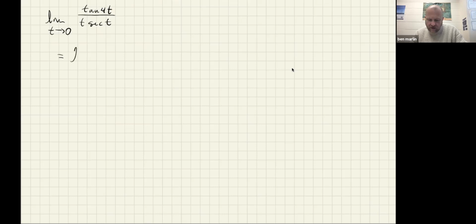So I'm going to write down here the limit as t goes to 0, and I'm going to go ahead and write sine of 4t divided by cosine of 4t, and then that other piece, that 1 over t secant t. Well, let me rewrite the secant t a little bit there. Okay, so I'm going to write t times 1 over cosine t. Now notice cosine 4t and cosine, well, hey, that's interesting.